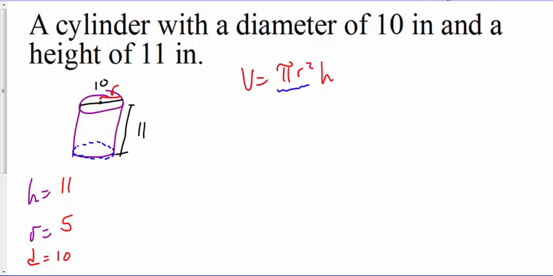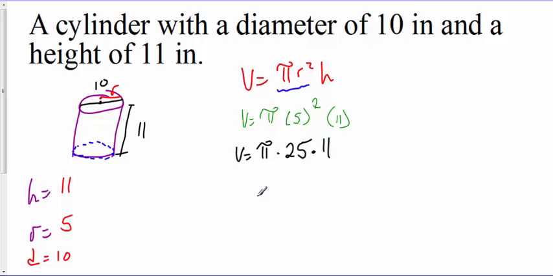So you should have gotten that from the initial teaching of the lesson. So we're substituting 5 in for r, and then we will substitute 11 in for h. So volume equals pi times 25 times 11.